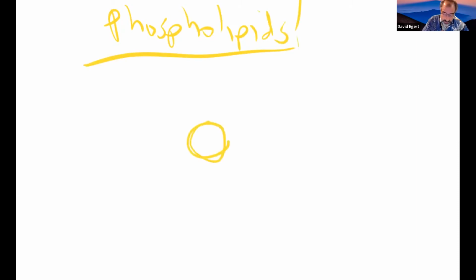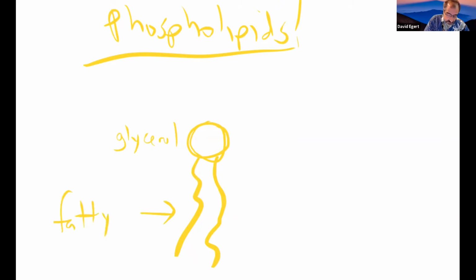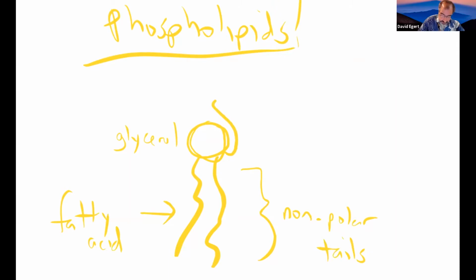So again, there's that glycerol. And here we have our fatty acids. These are my non-polar hydrocarbon tails there. But then we also are going to add in this polar head.